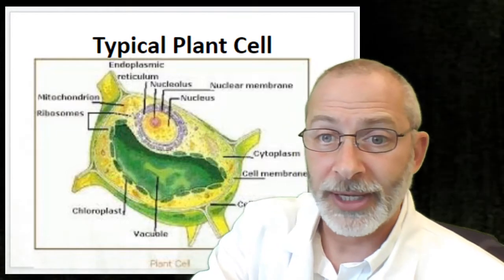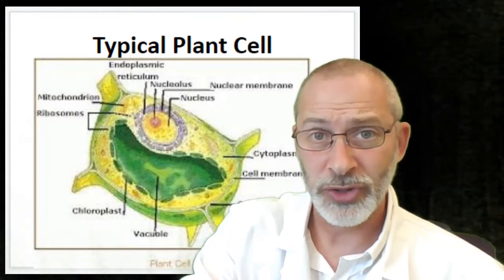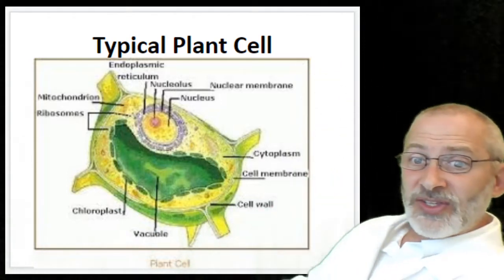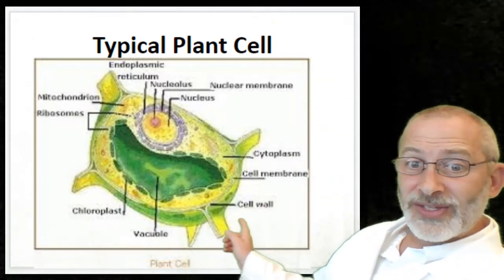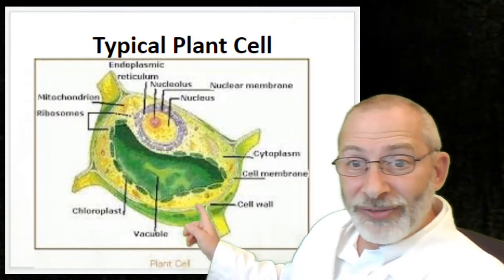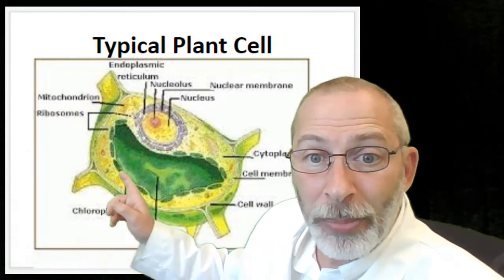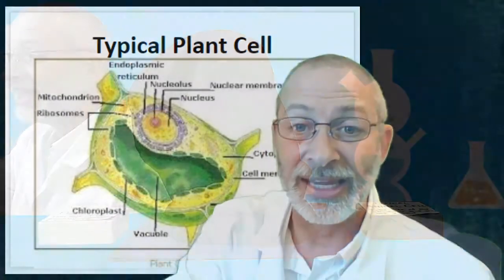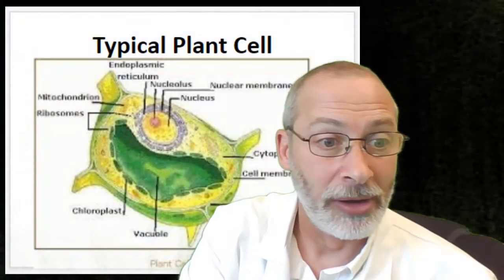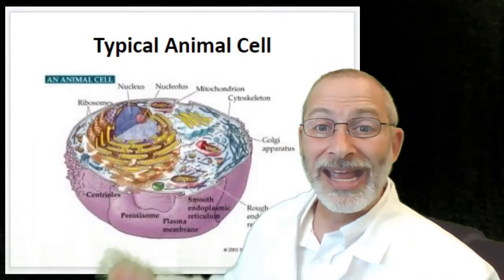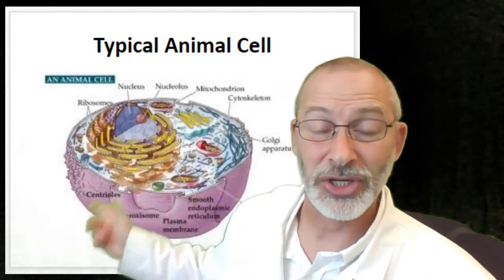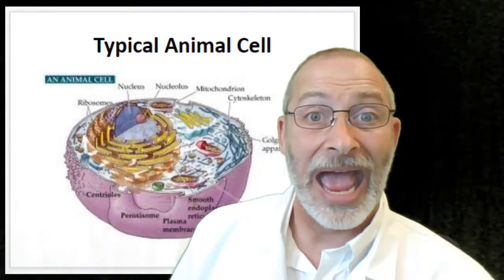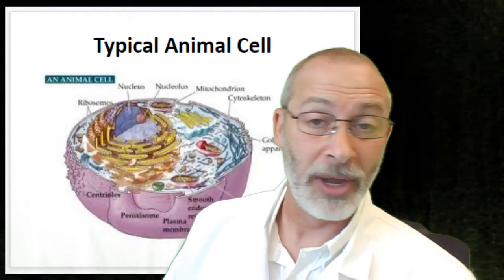Notice some of the more notable things regarding a plant cell, such as the cell wall, and all of these green chloroplasts that are only found in plant cells and not found in animal cells. You don't see chloroplasts and cell walls in animal cells, as cool as that might be.